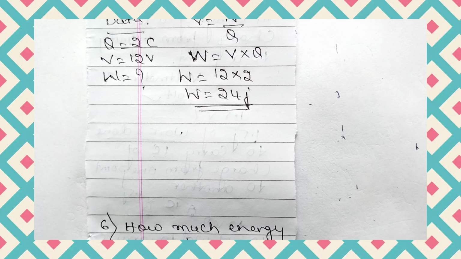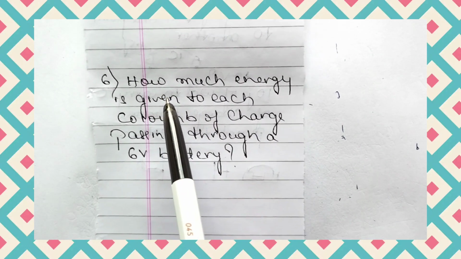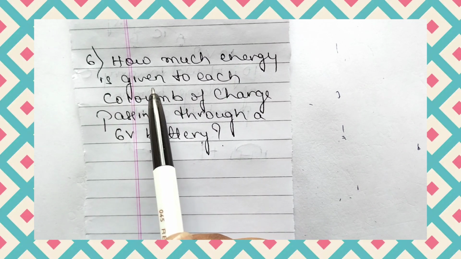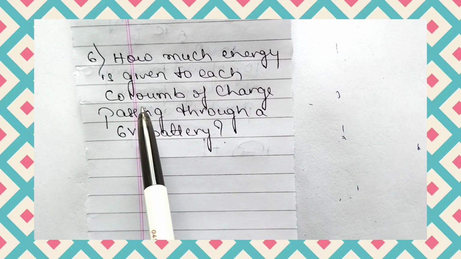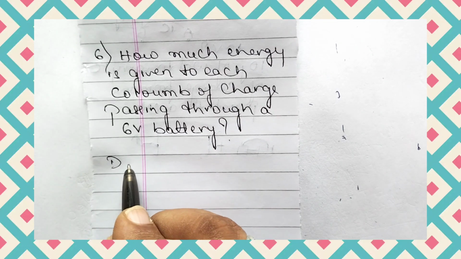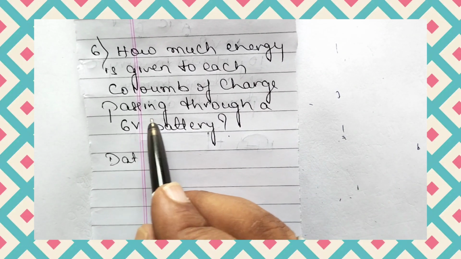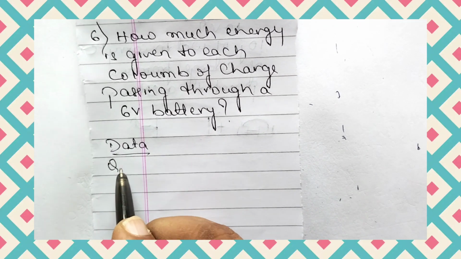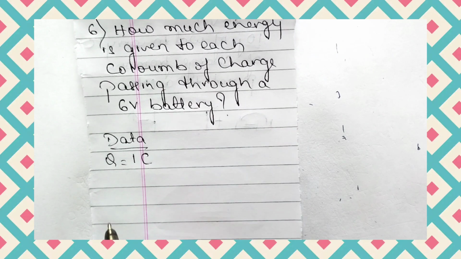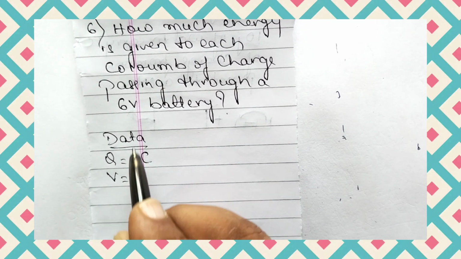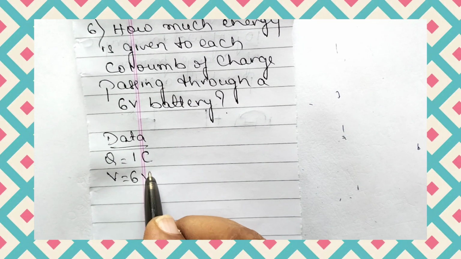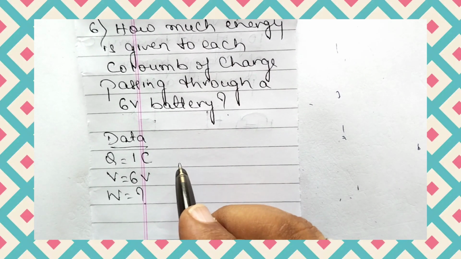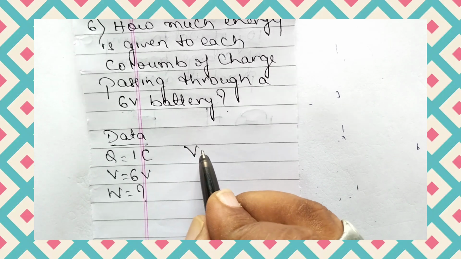So now let us move to the sixth question. How much energy is given? Energy in the sense work done. How much energy is given to each coulomb of charge passing through a 6 volts battery? So each coulomb means Q is equal to 1 coulomb. Then the potential difference is given as 6 volts. Now we have to calculate W, work done or energy. So what is the relation for these three?